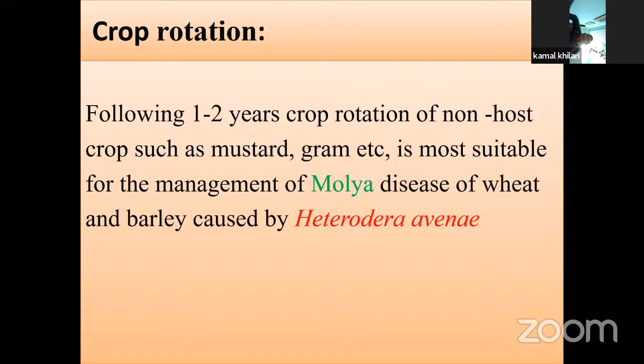This Heterodera avenae causes infection only in wheat and barley. So naturally, if your field is infested with the Molia disease or Heterodera avenae, you stop growing wheat and barley for 2-3 years. If for 2-3 years there is no host available in the soil, then naturally the population of this Heterodera avenae will certainly decline.